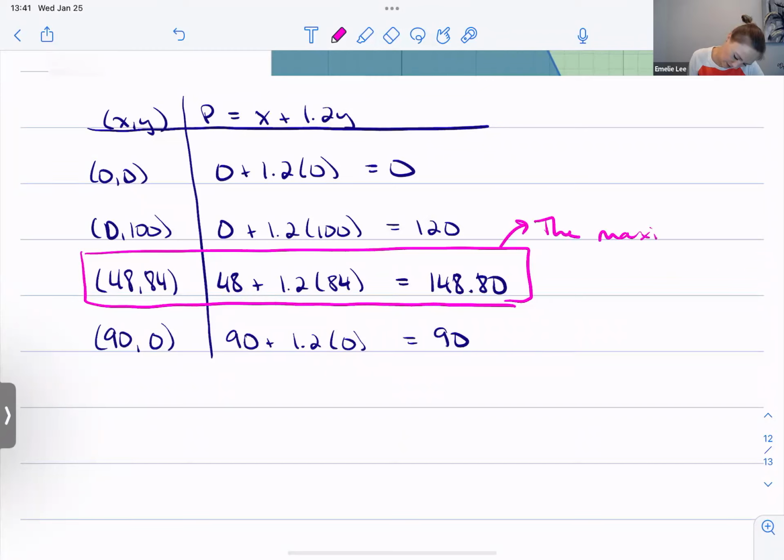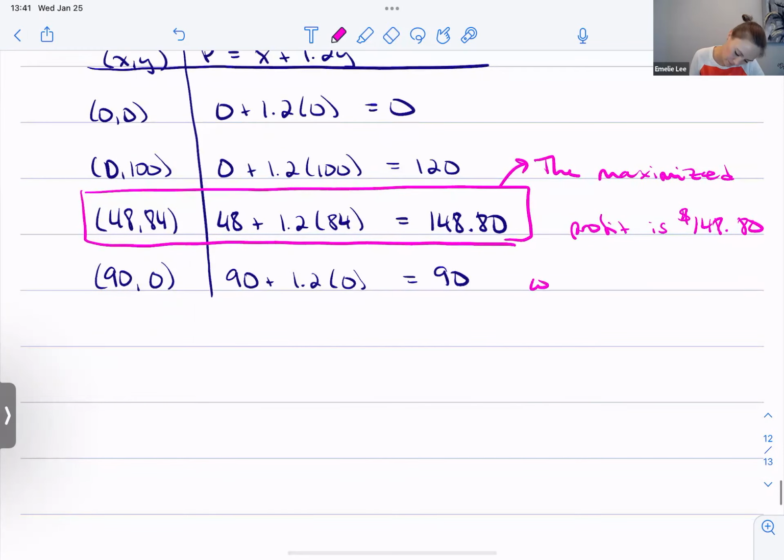The maximized profit is 148.80, or whatever units, when x is 48 and y is 84.